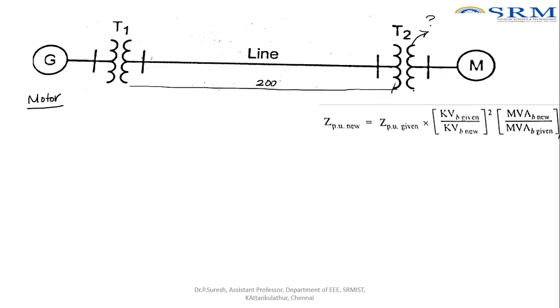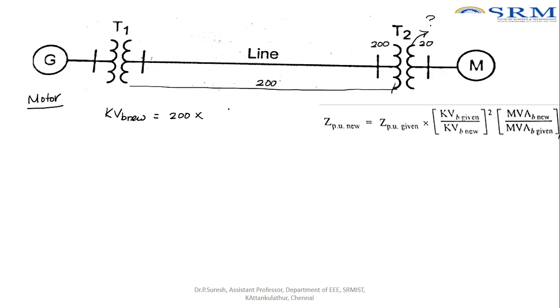Right. So in order to find the voltage here, initially I need to find the new voltage, kVb new. In order to find kVb new, we have to take the previous kVb voltage multiplied by the rating of the transformer. This is a step down transformer, so this is 200 kV, this is 20 kV.